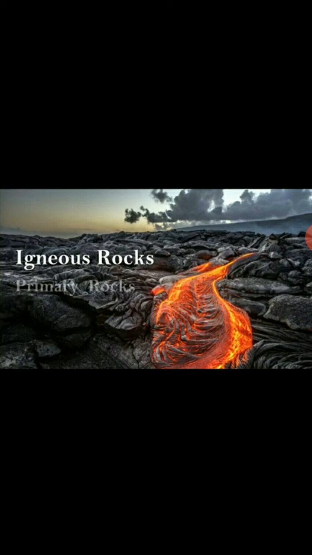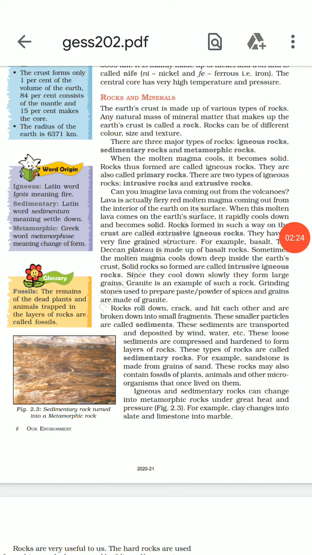Got it? Those are the primary rocks. Can you imagine lava coming out from volcanoes? Lava is actually fiery, red molten magma coming out from the interior of the earth onto its surface. When this molten lava comes onto the earth's surface, it rapidly cools down and becomes solid.